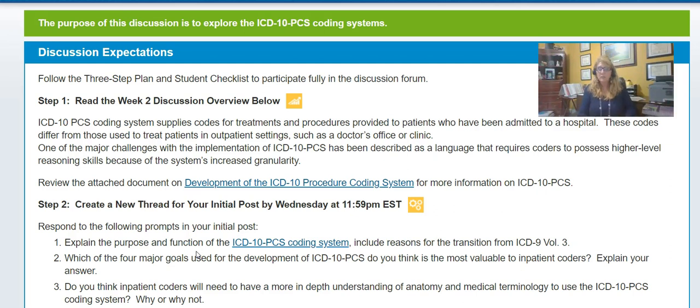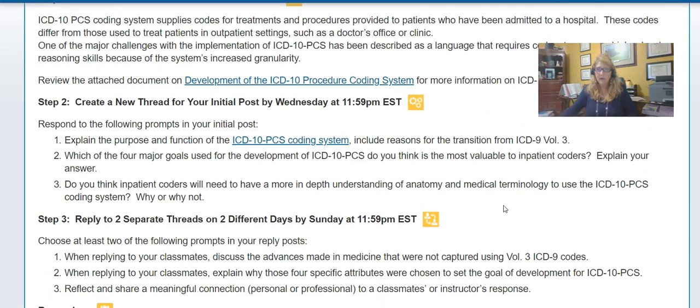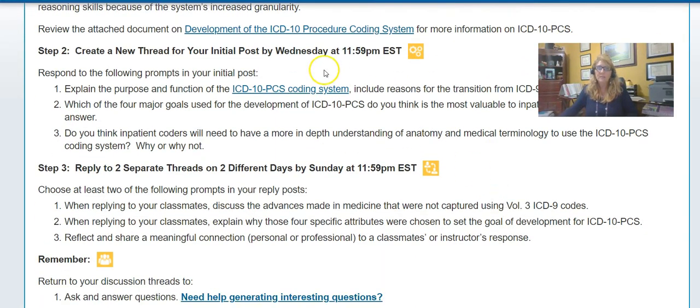So make sure that you review that attached document called Development of the ICD-10 Procedure Coding System. And it's going to give you more information and give you some substance to talk about and answer the questions in this week's discussion.